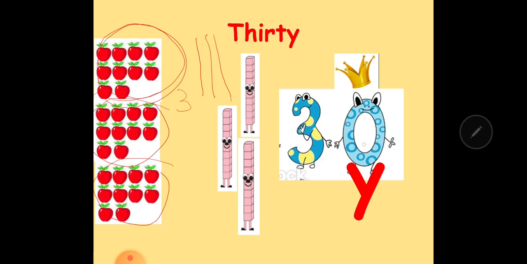You will put 0 in the ones place. Remember, when you write 30, it ends with 0, so the 0 will sit in the ones place. You will say 30. If you are going to represent 40, how many lines will you use? 4 groups of 10. You will say 40. Remember to put the 0 in the ones place.